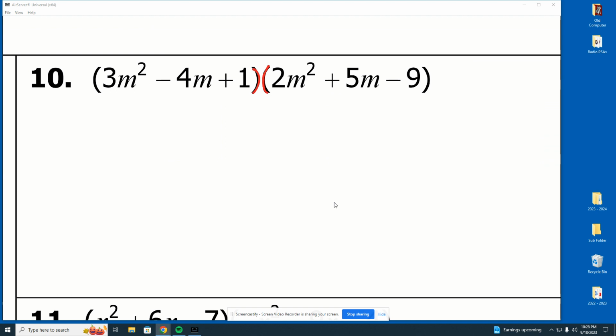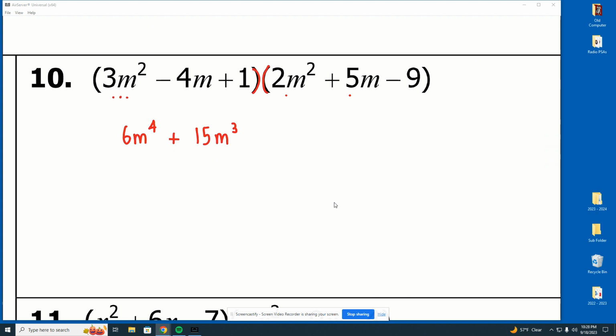Okay, so here we go. What's 3m squared times 2m squared? Well, 3 times 2 is 6, and m squared times m squared is m to the 4th. Next, 3m squared times 5m. Positive 3 times positive 5 is positive 15, and m squared times m is m cubed.